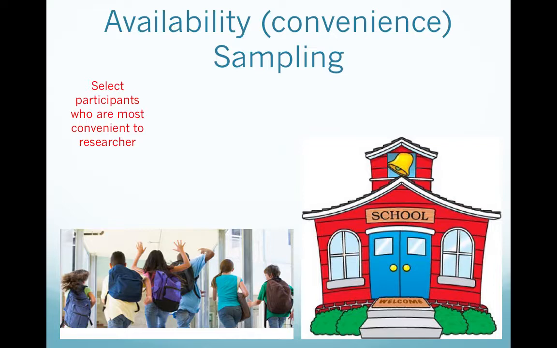The kids would take these forms home to share with their parents or guardian. This technique wouldn't necessarily be based on who was obese and who wasn't. It would simply be based on inviting those kids to participate who were most readily convenient to the researcher.